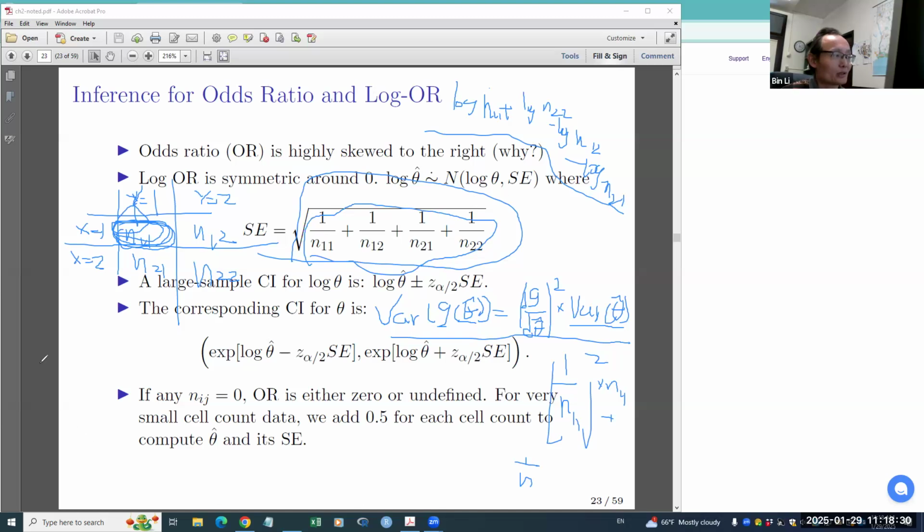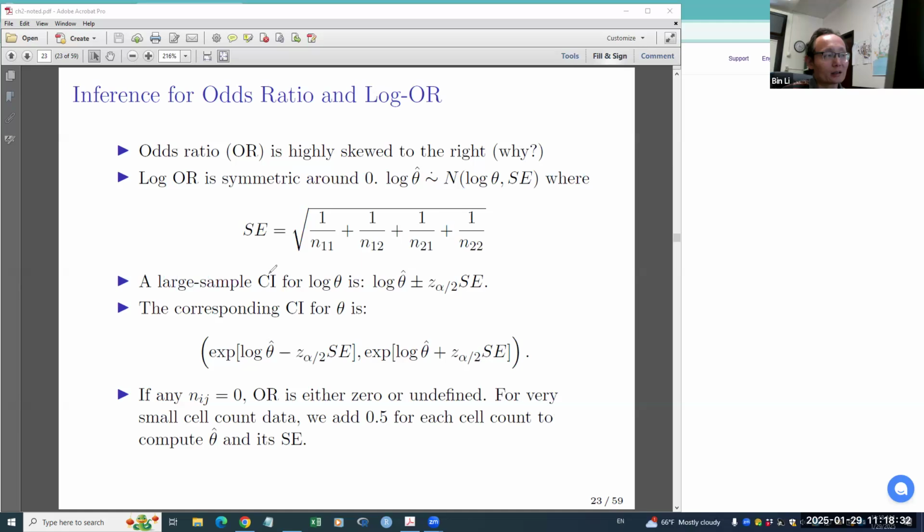Okay, so I'm just briefly going over the proof of how we get this. It's a very simple proof. It's just based on the delta method and the Poisson distribution for the large sample size. So a large sample confidence interval for the log of the odds ratio is this one. And I believe you still remember how to find this, right? This is based on the statistical table, you can easily find it.